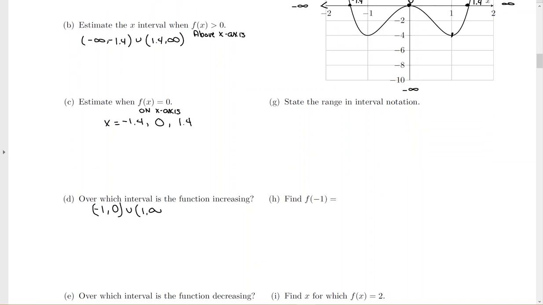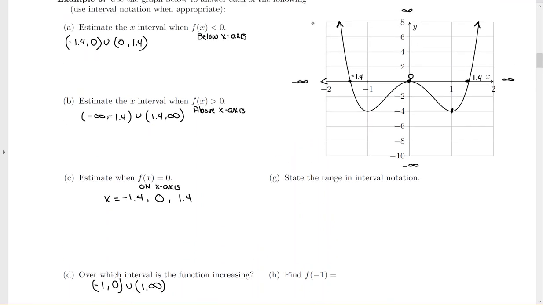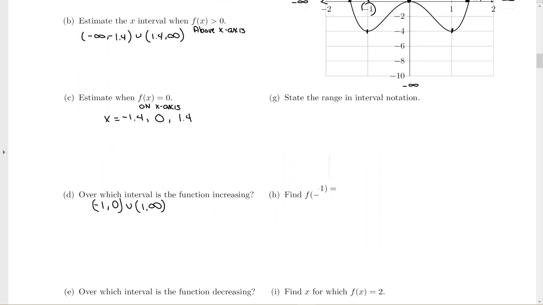All right, so in the next part, over what interval is it decreasing? Well, we kind of indicated that. From -infinity all the way over to here at x equals -1. So from -infinity to -1, it's sliding downhill.